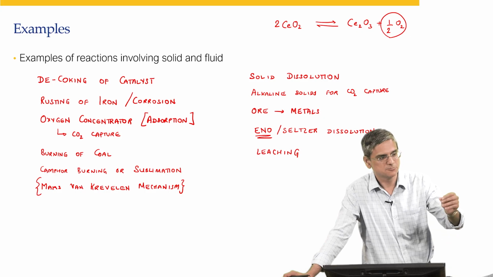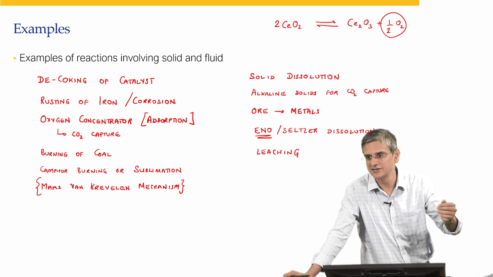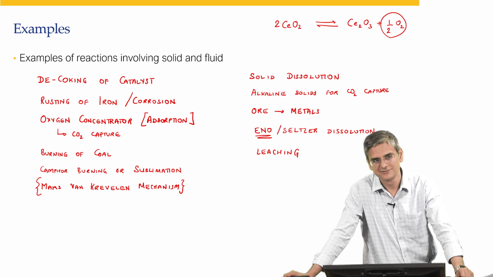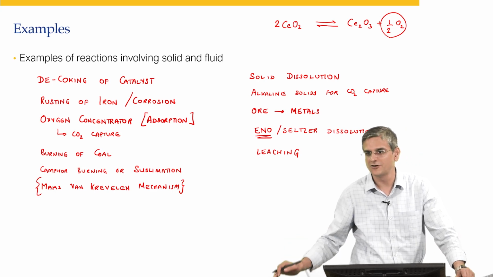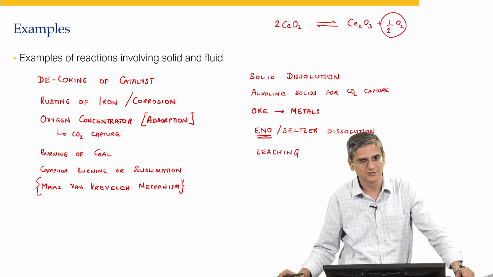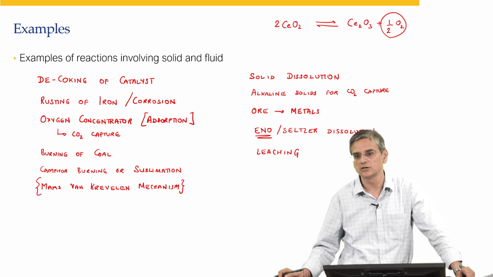Have you touched rust with your hand? How does it feel? Have you touched a layer of oxide on aluminum or silver? How does that feel? Not slimy, but it's not.